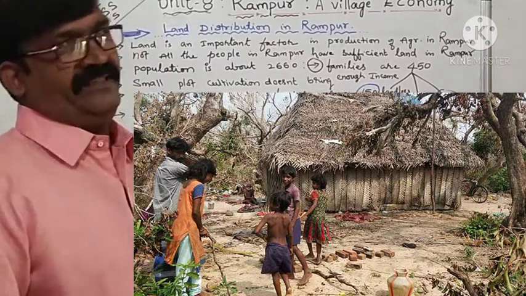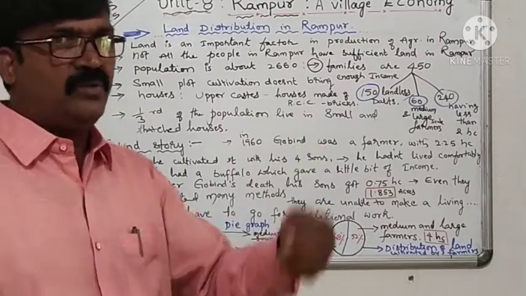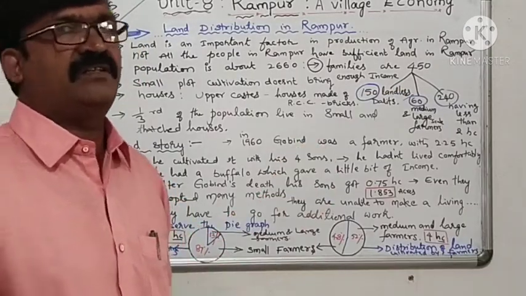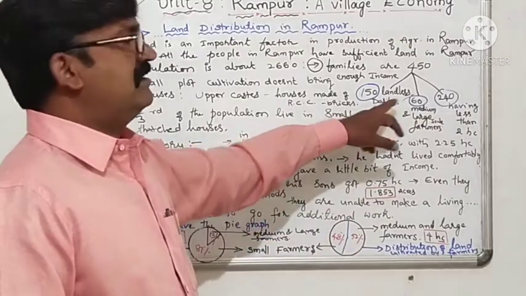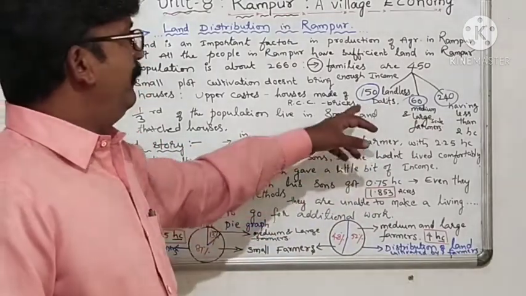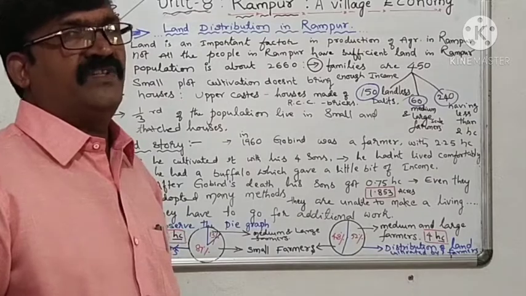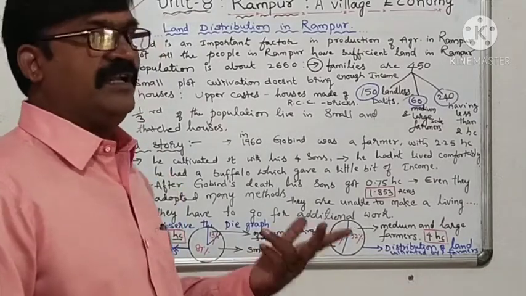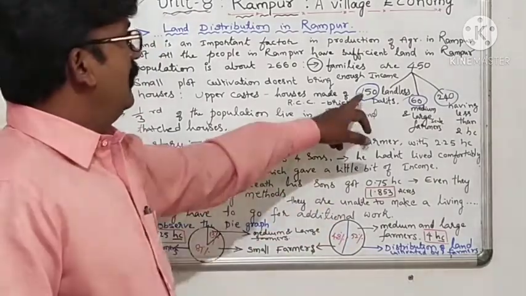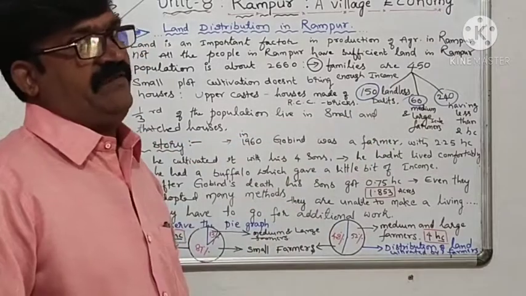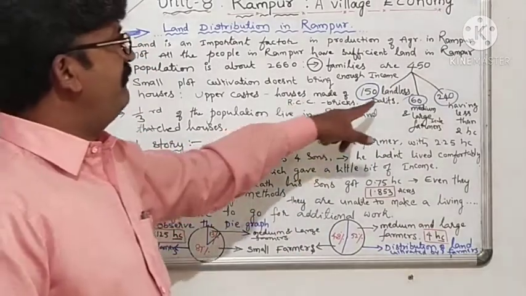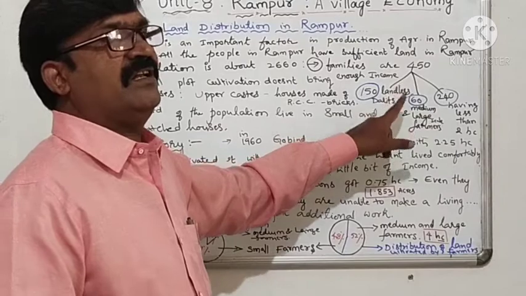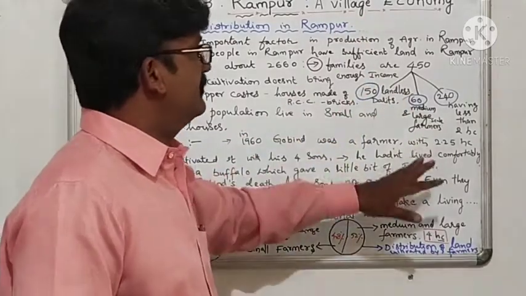Those are Dalits. Dalit means the lower caste. In our caste system, they are called Dalits. So, being Dalits, they are not having land at all. Nearly 150 families in Rampur village are completely landless.